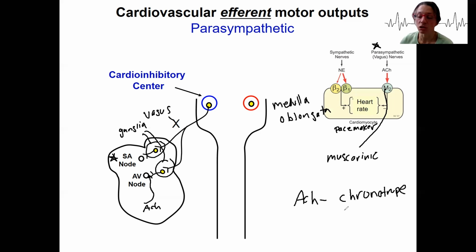Chronotropic is referring to something that alters heart rate, and ACh is negatively influencing heart rate. It's decreasing heart rate, so it's a negative chronotrope.